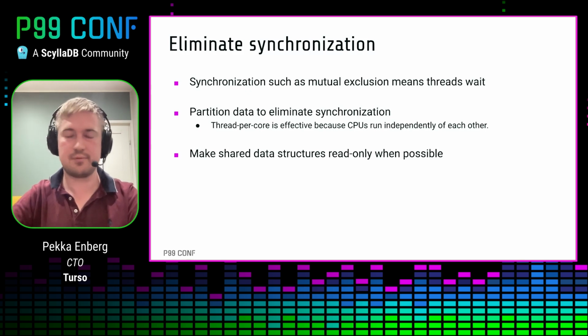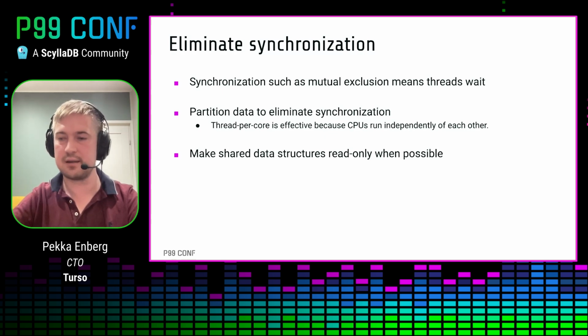And this is basically just multi-threaded programming stuff. There are a lot of things that you should do if you have to use synchronization, like keep the critical sections as short as possible. But basically, this is always going to be a source of latency, and plausibly a major source of latency. So what you do is you partition data to eliminate synchronization.